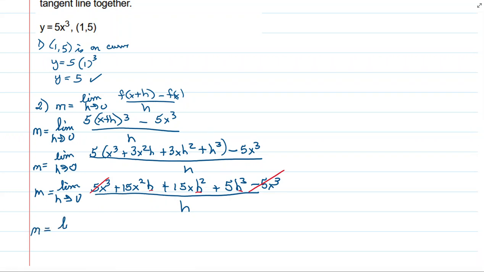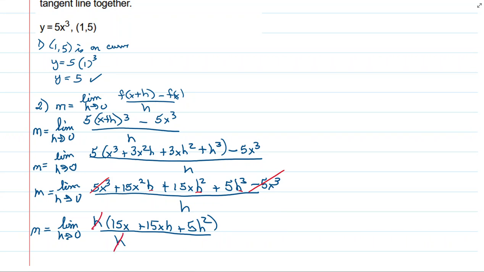Thank you for checking. I'm going to have an h factored out, giving me a 15x squared plus 15xh plus 5h squared all over h. Because it's a factor, it can cancel the h.